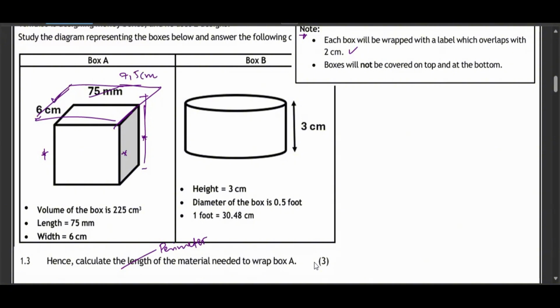It's a rectangular prism. So we say 2 into (L plus B). So this is 2 into (7,5 plus 6).